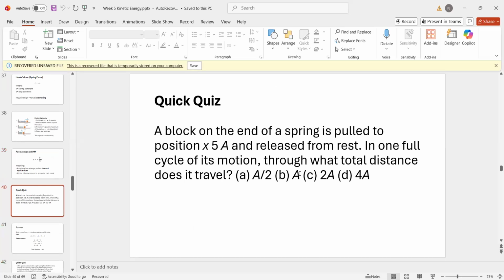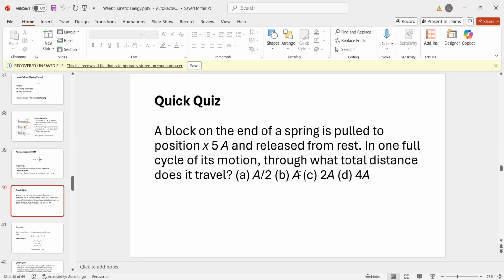So let's look at this. A block on the end of a spring is pulled to a position x equals A and released from rest.